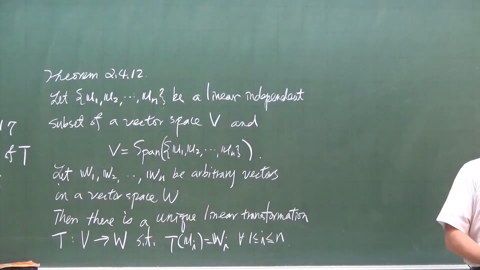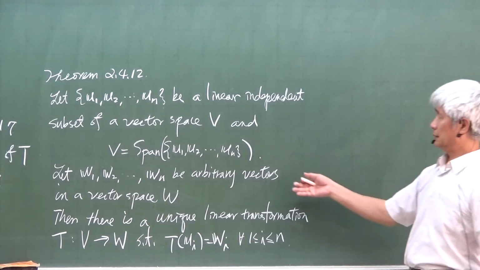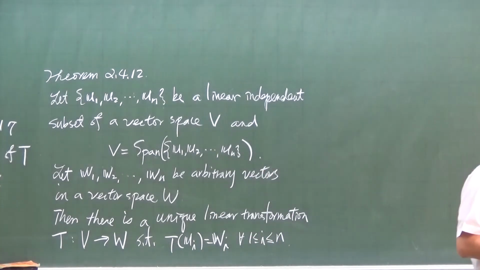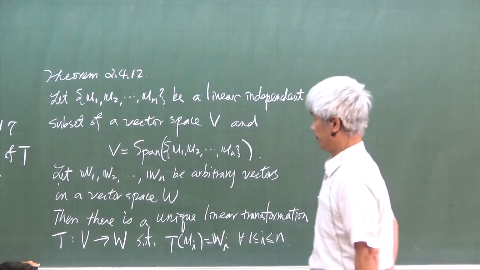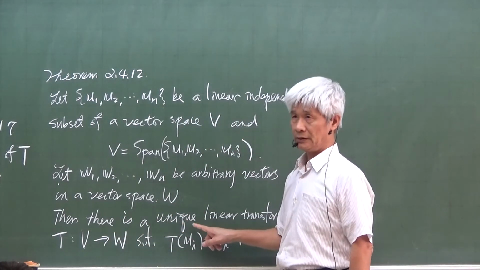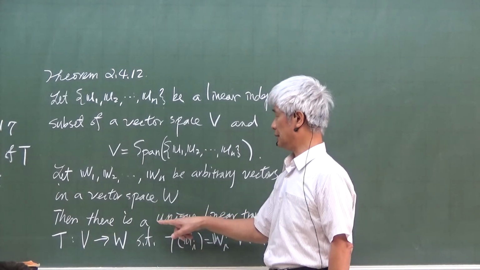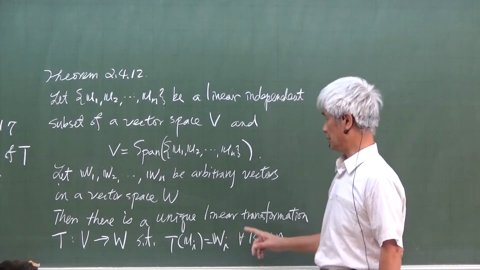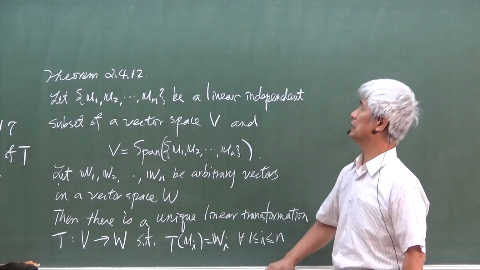Alright, so the theorem gives us a way to construct a linear transformation. And the thing is that this construction is unique. Once we have one, then this linear transformation must be unique.